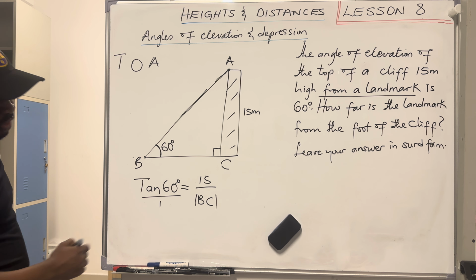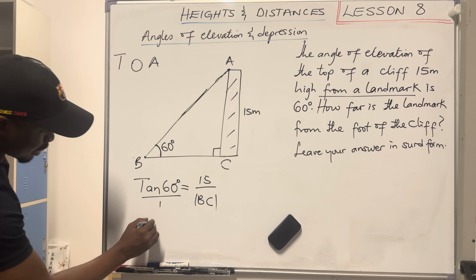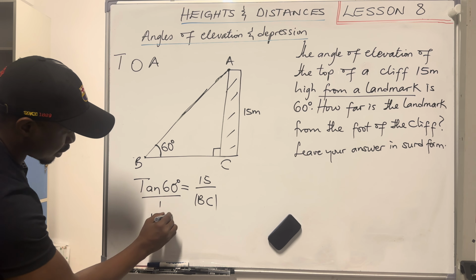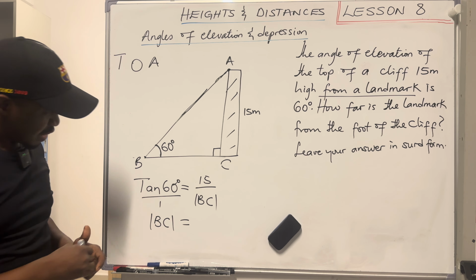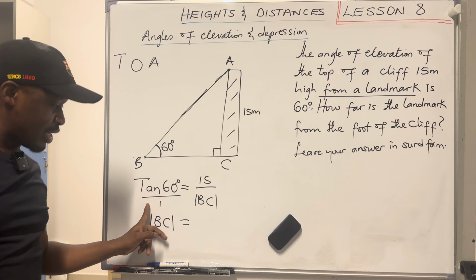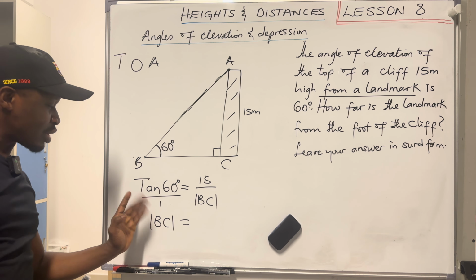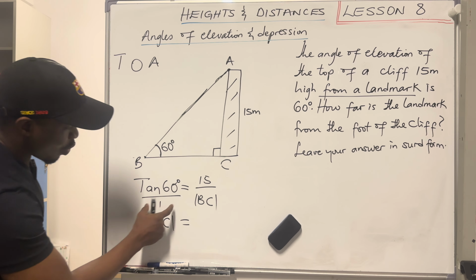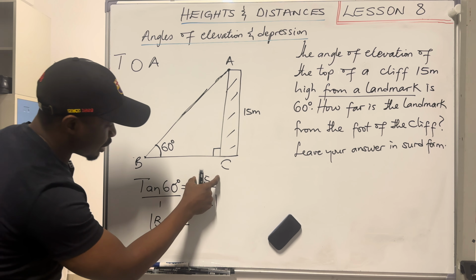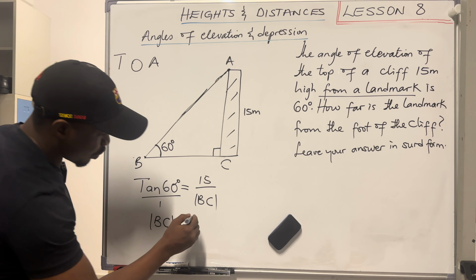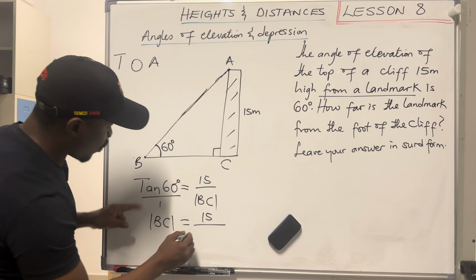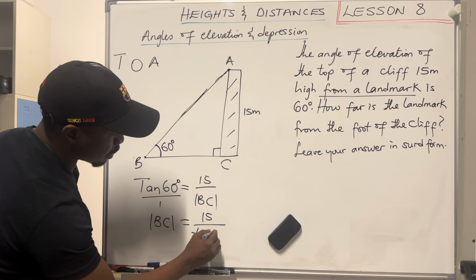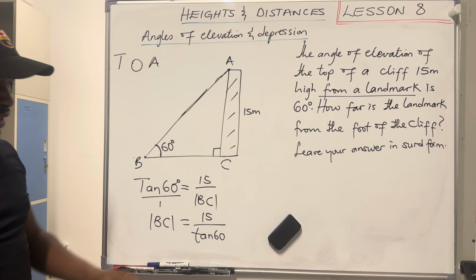So BC over 1 is BC. See what I'm doing: denominator over denominator. So if we say BC over 1, then this over this, so 15 over tan 60. I hope it is clear.